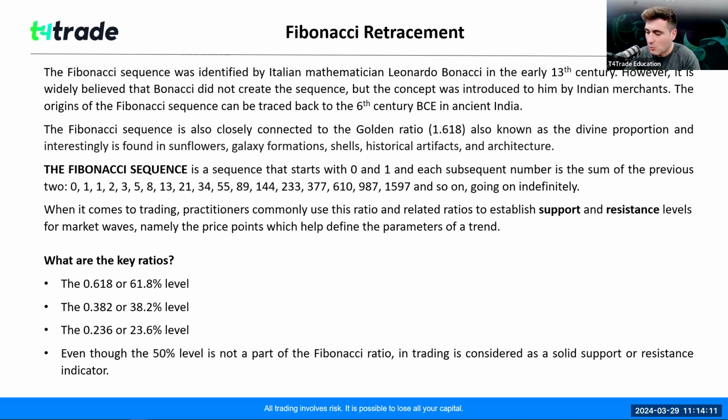So when it comes to trading, practitioners commonly use this ratio to establish support and resistance levels. There's nothing scientific about this, okay? We extrapolate by using this Fibonacci sequence, and more specifically the Fibonacci and the golden ratio. Since we see it in nature, as we just mentioned, we call the golden ratio a divine proportion. Some technical analysts extrapolated back in the 80s, saying we may see this kind of ratio turning out in price action as well.